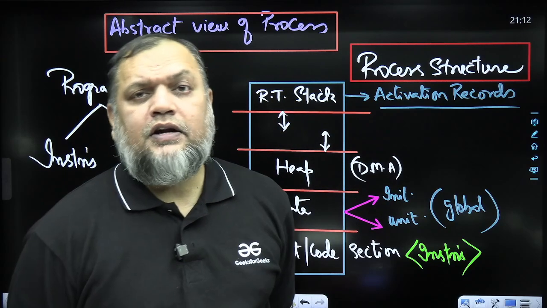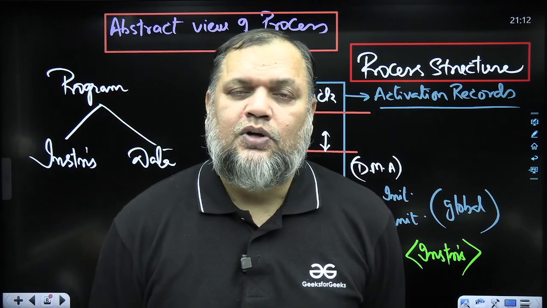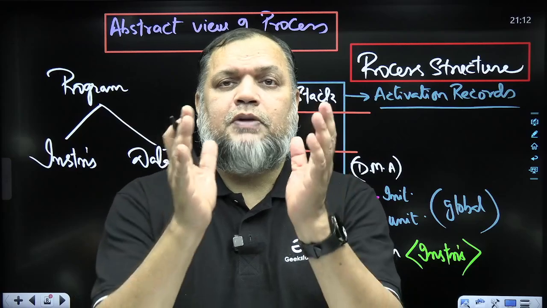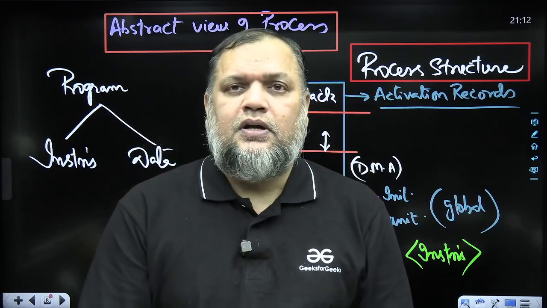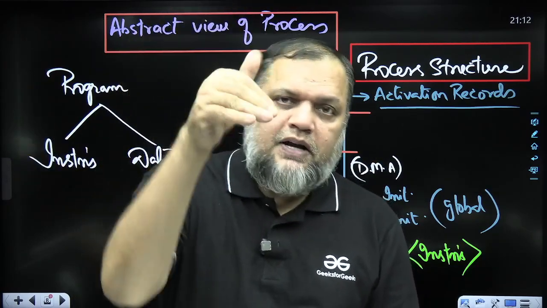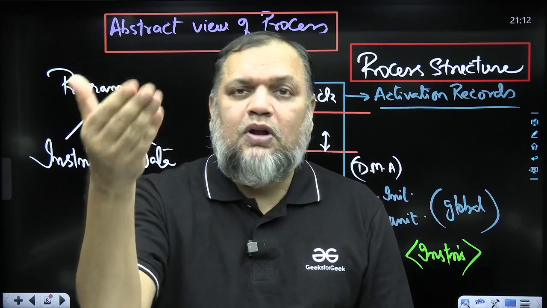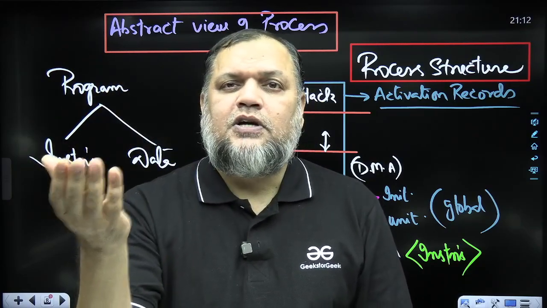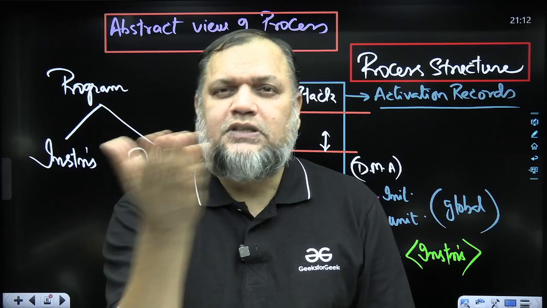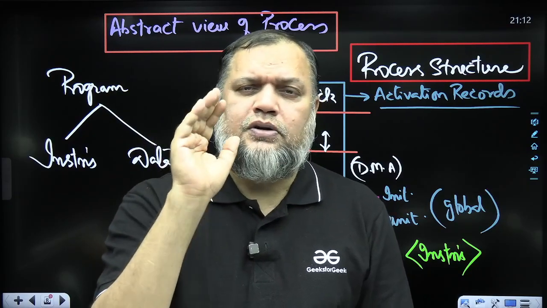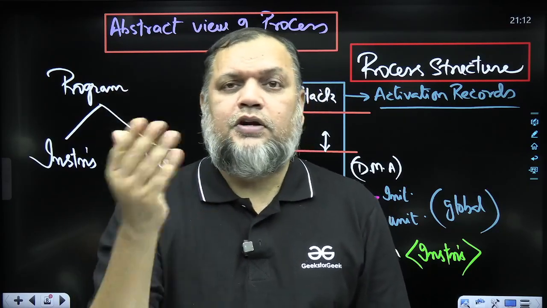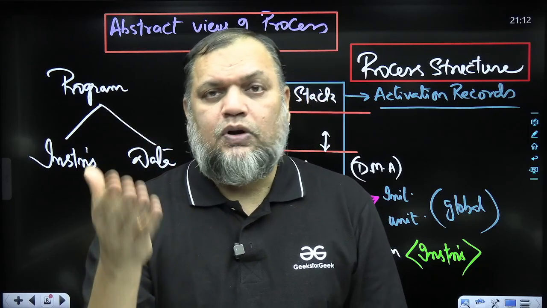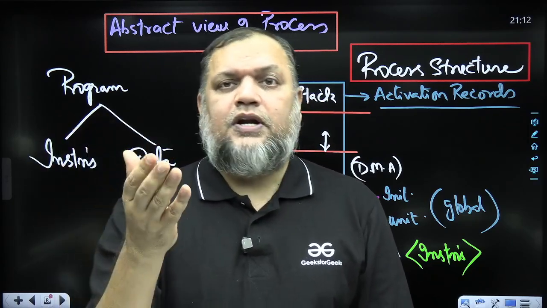We have identification related attributes. For the purpose of identification, every process is associated with the process ID, the parent from where it is created, the parent process ID, and if the process belongs to a group, the group ID. Then CPU related attributes: state of process, program counter, general purpose registers, priority of the process.